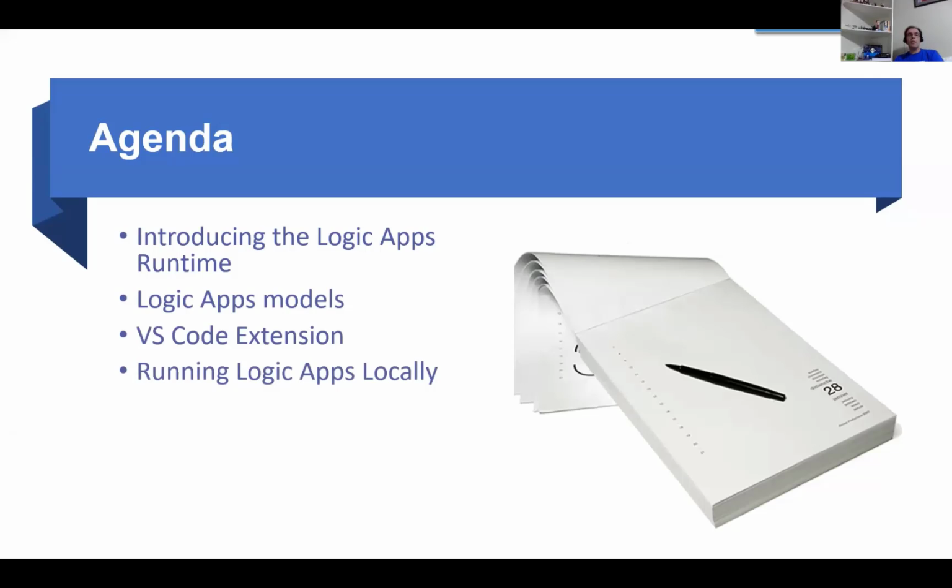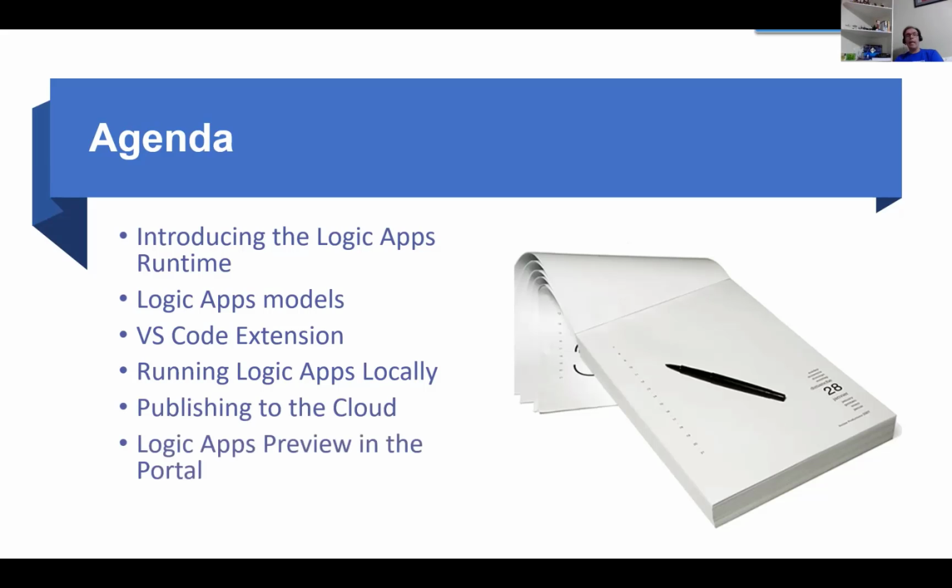Then we can see Logic Apps running locally, and how to publish that to the cloud. And we're going to take a sneak peek at the Logic Apps preview in the portal that was launched, I think, last week or something like that. Then after that, I'll give you a set of reference material if you're interested in reading more.